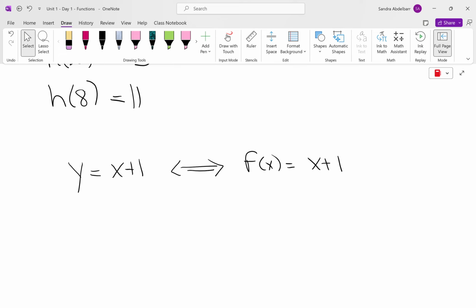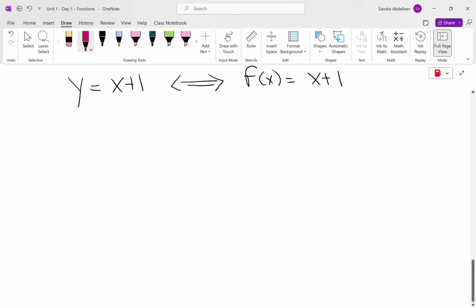Okay, so now we spoke all about what a function is. Let's talk about what's not a function.